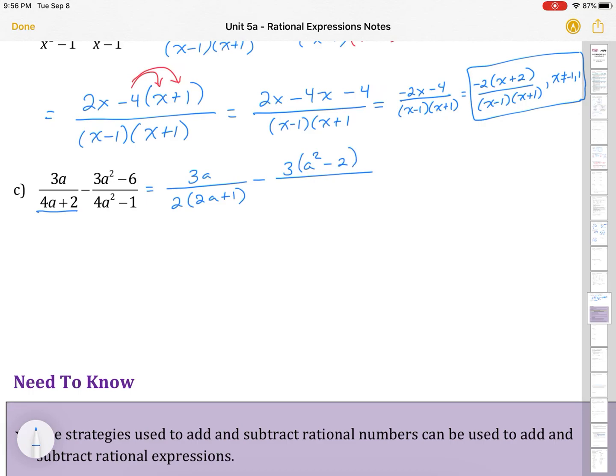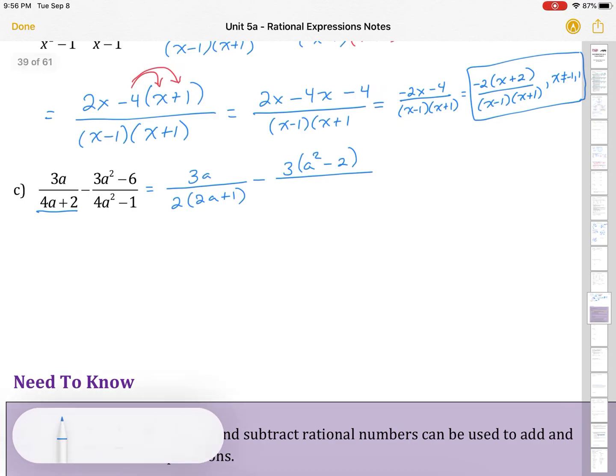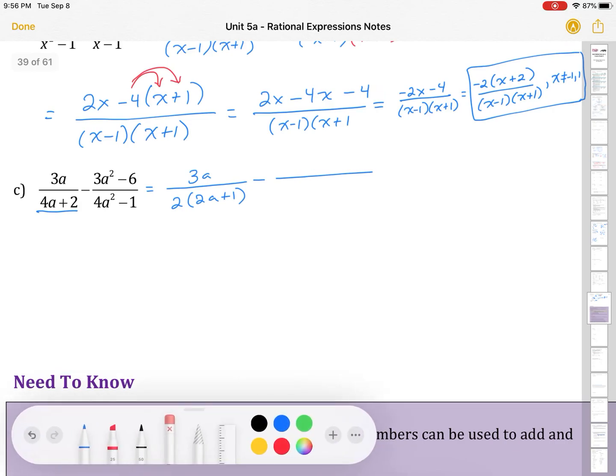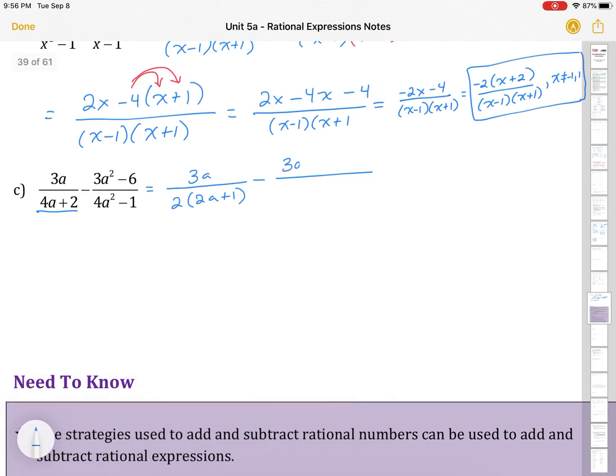So close to being a perfect square, but it's not. You know what? I'm actually going to leave it, because when we subtract, it's not going to make a difference. Sorry. 3a squared minus 6. Forgot about that. Factor the numerators in the last step, not the first step. Factor the denominators in the first step, not the last.